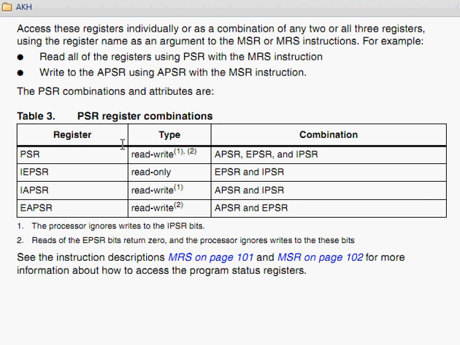Let me show you. PSR is regular, this is read-write, and IEPSR is a combination of EPSR and IPSR. Similarly, IAPSR is APSR and IPSR. Similarly, EAPSR. Only IEPSR is read only, and the others are read-write.